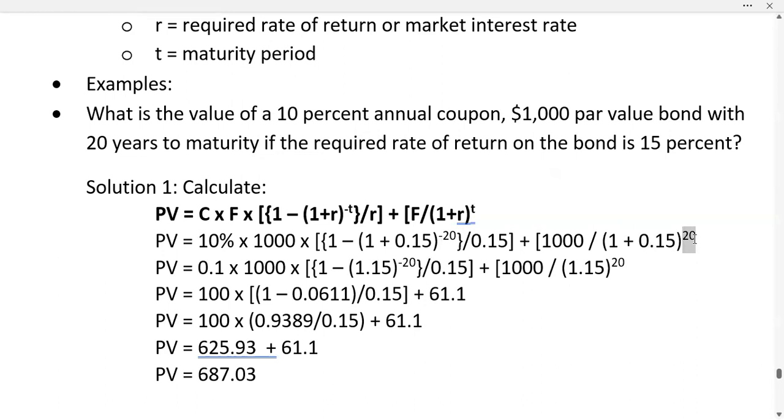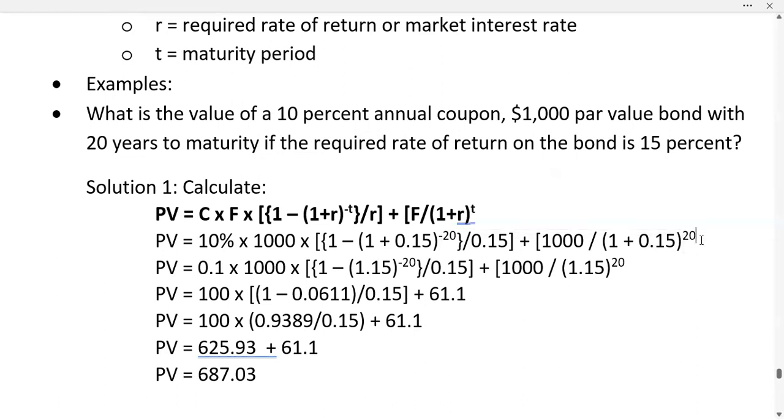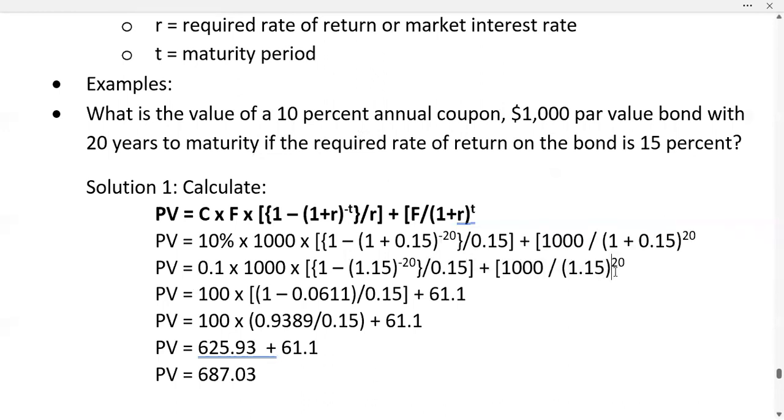This time it is raised to 20, the years to maturity, and it's not negative, it's positive. So calculating this, we have 0.1 times 1,000 times (1 minus 1.15 to the negative 20) divided by 0.15, plus 1,000 divided by 1.15 to the power of 20.